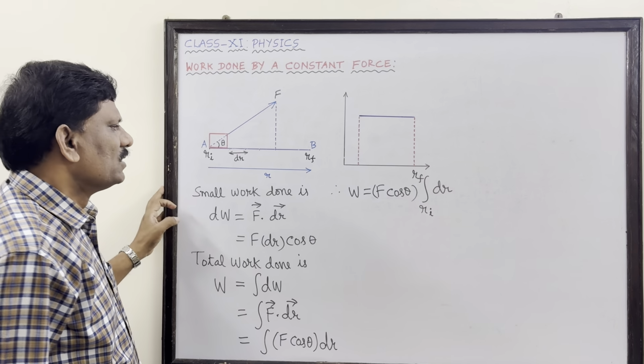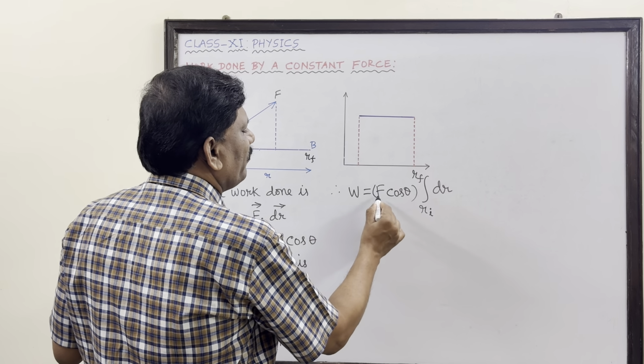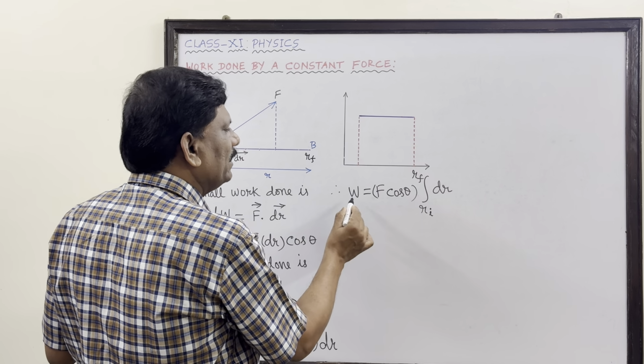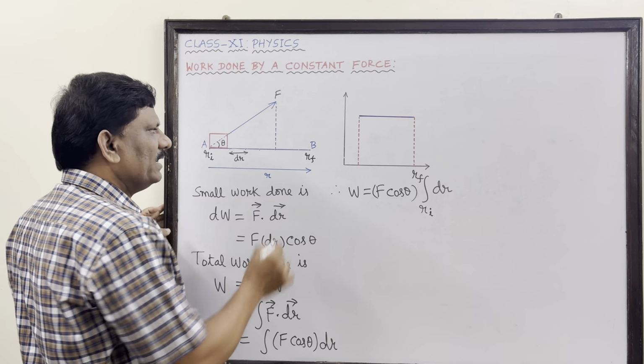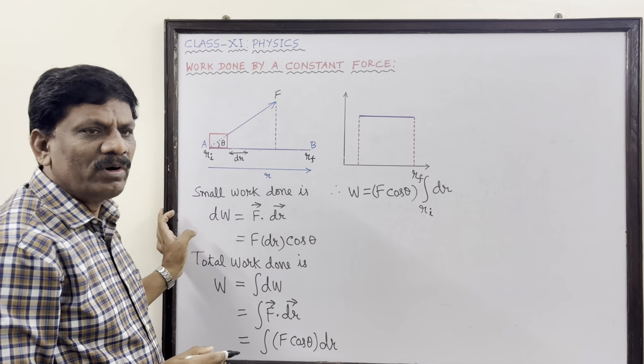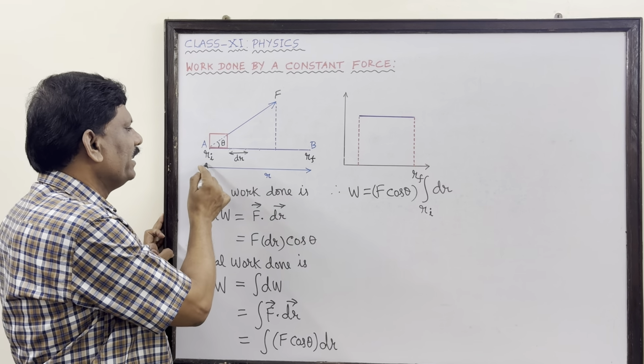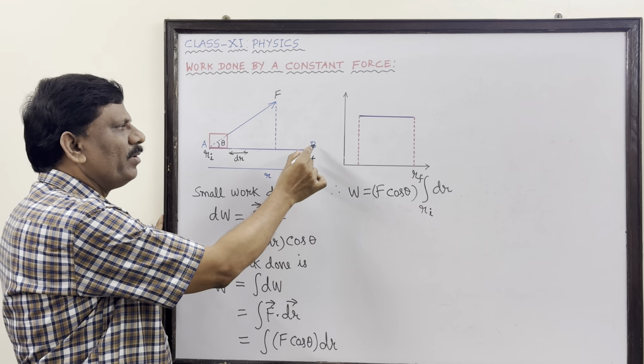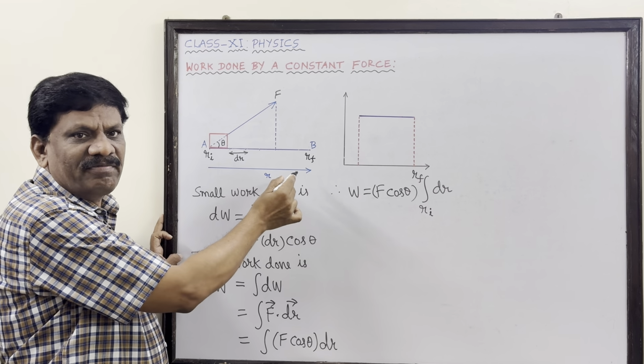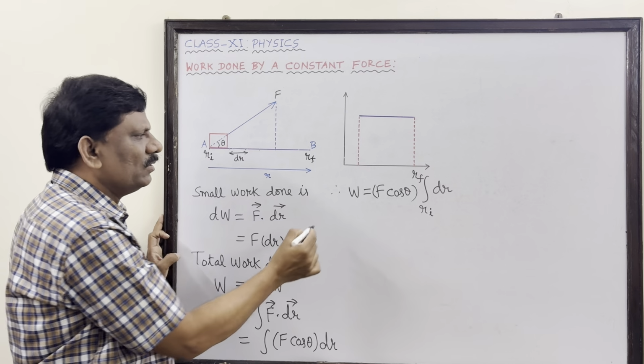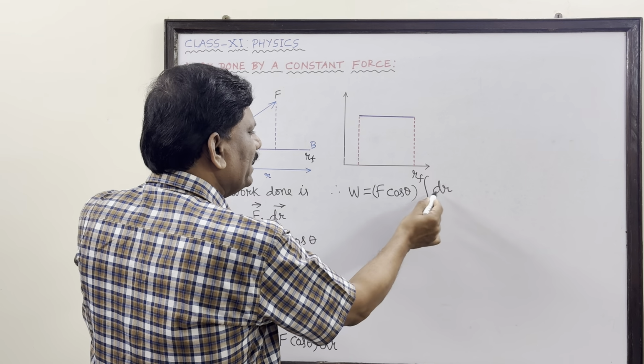Okay, so this is the expression for the total work done by the constant force in displacing the body from a point A with R initial to a point B with R final. Understand?